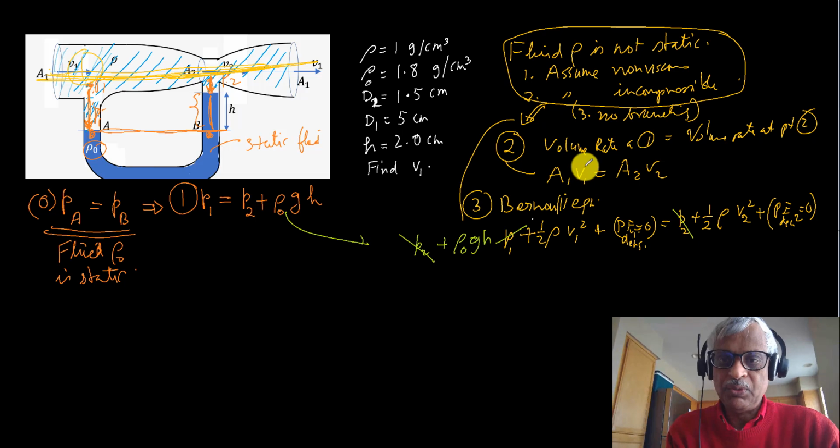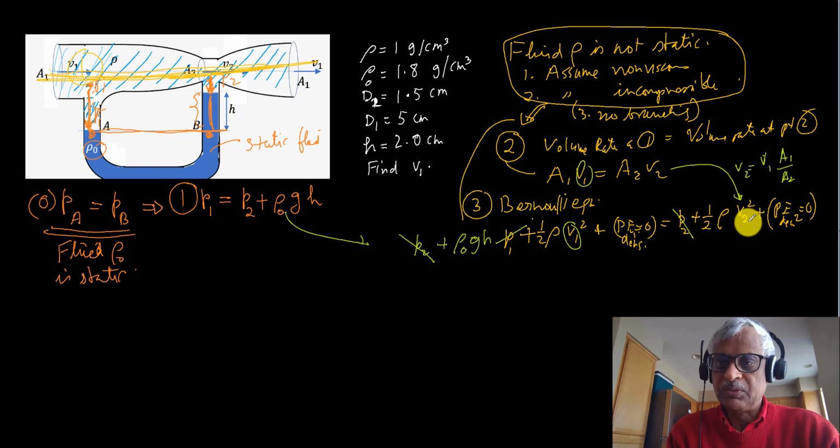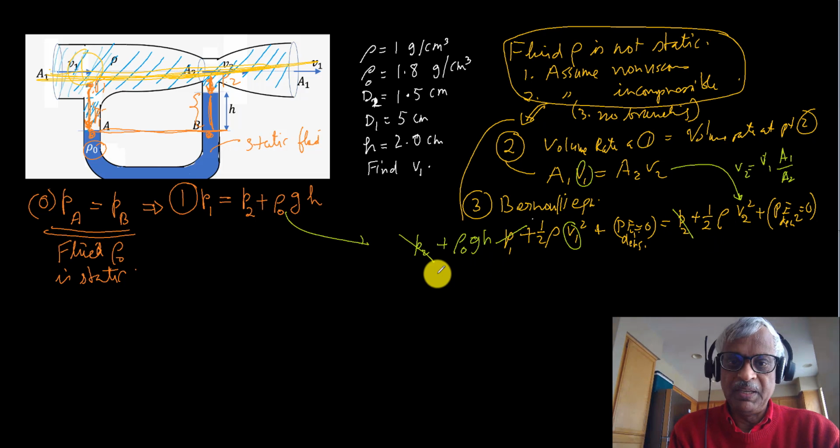We want to know V1, so this V2 we can replace by V2 equal to V1 A1 over A2.